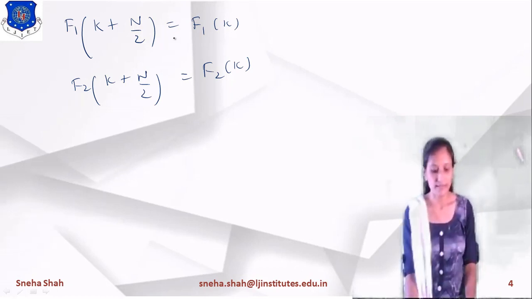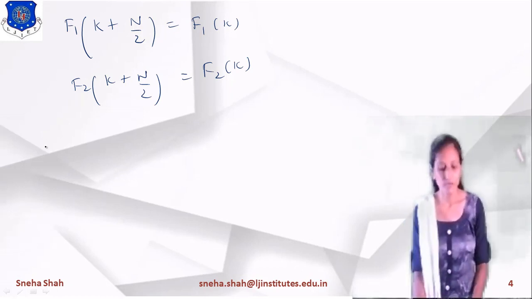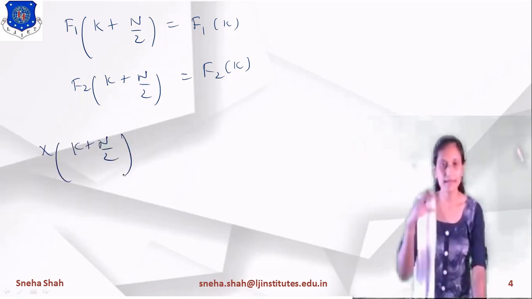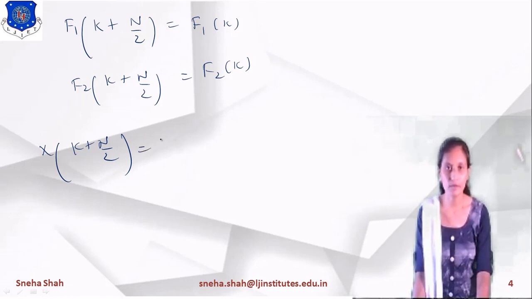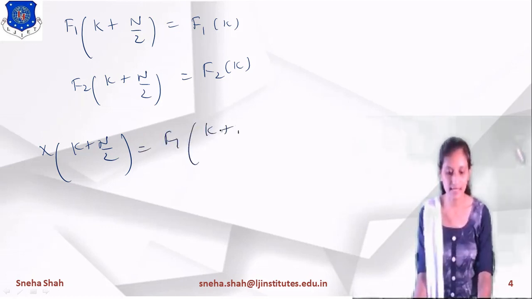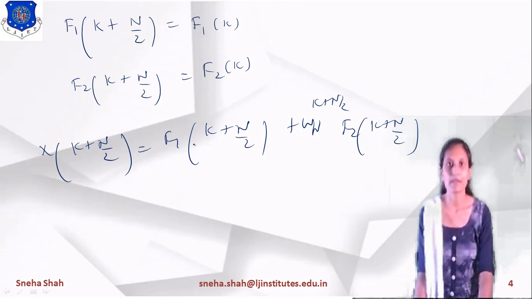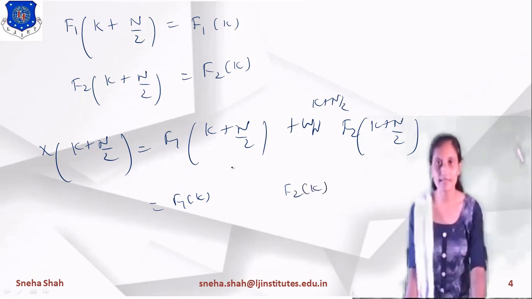Now if I apply this rule, what will be the value of X of k plus N by 2? After N by 2 samples, its value equals F1 of k plus N by 2 plus W_N raised to k plus N by 2 into F2 of k plus N by 2, right? Now instead of this I write F1 of k, and instead of this function I write F2 of k. Now what is the value of W_N raised to k plus N by 2?